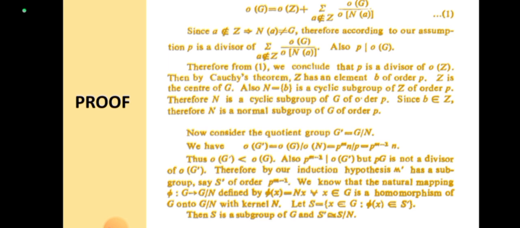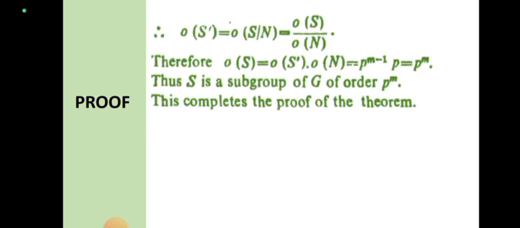We know that the natural mapping psi from G to G/N defined by psi(x) = Nx for every x belonging to G is a homomorphism of G onto G/N with kernel N. Let S be the set of x belonging to G such that psi(x) belongs to S'. Then S is a subgroup of G and S' is isomorphic to S/N.